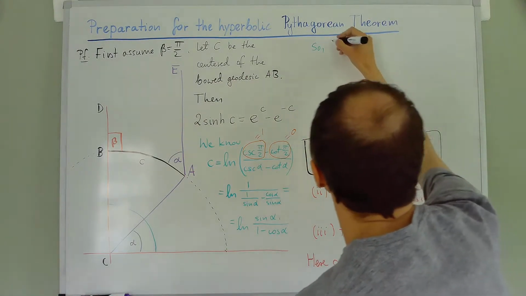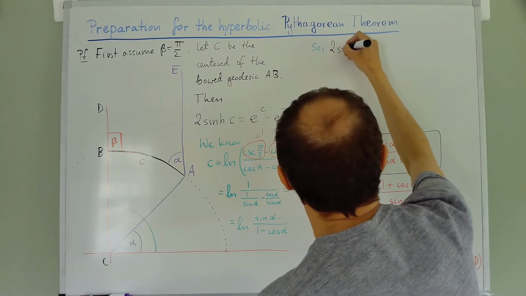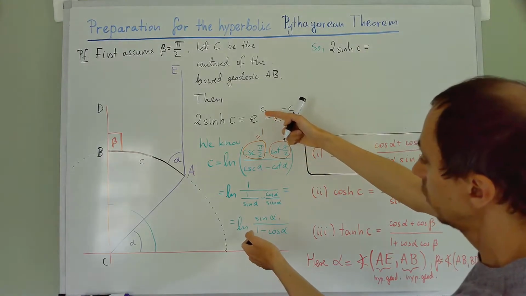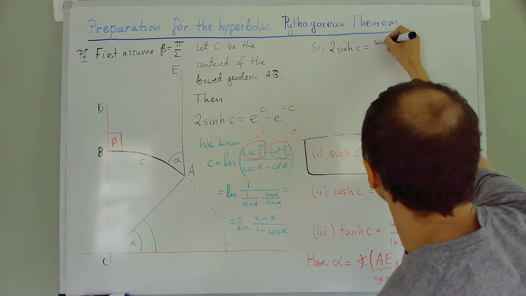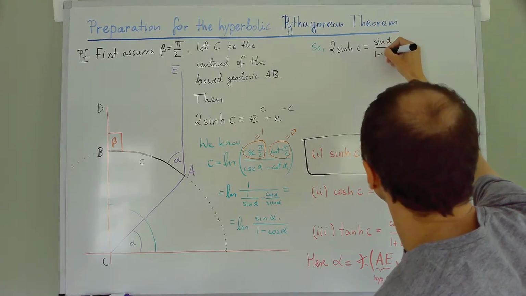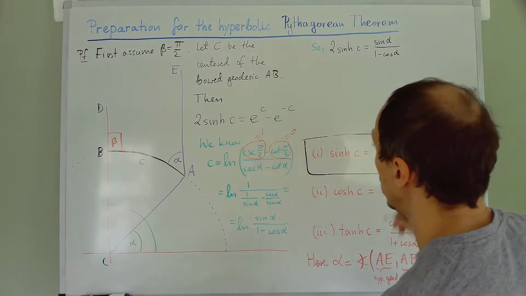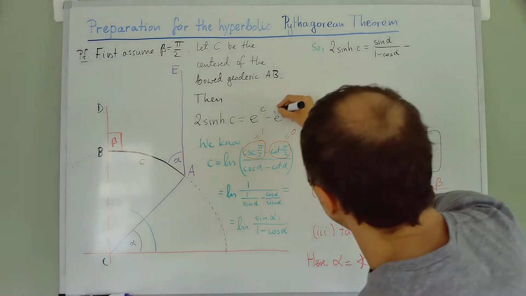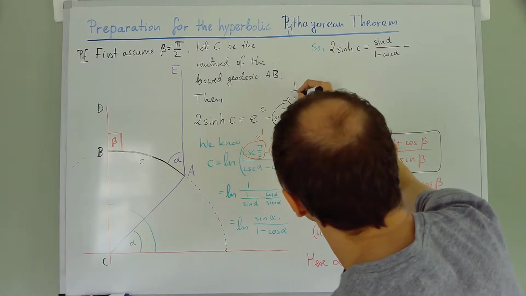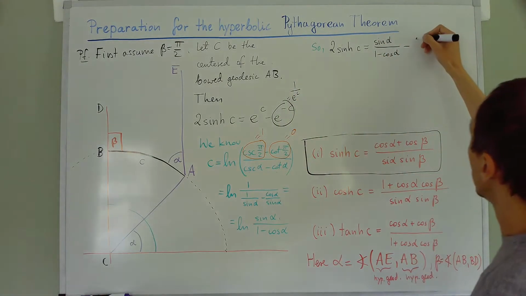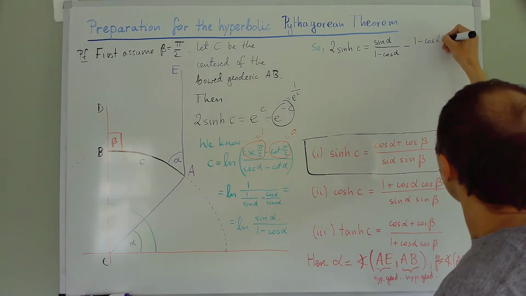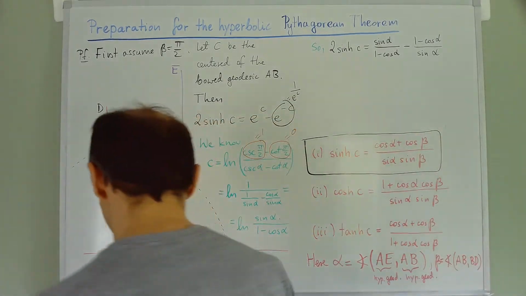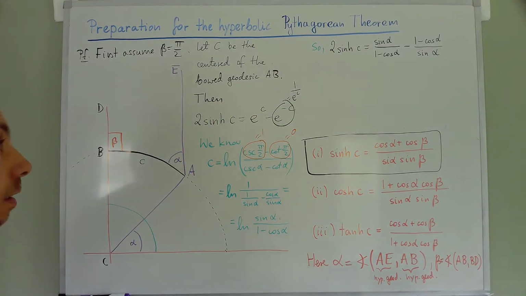This 2 sinh C is equal to, well, e and natural log cancel each other, so that's sine alpha divided by 1 minus cosine alpha minus, again, e and natural log cancel each other, but this is the same as 1 over e to the C, so it's the reciprocal of that. So we get that formula.